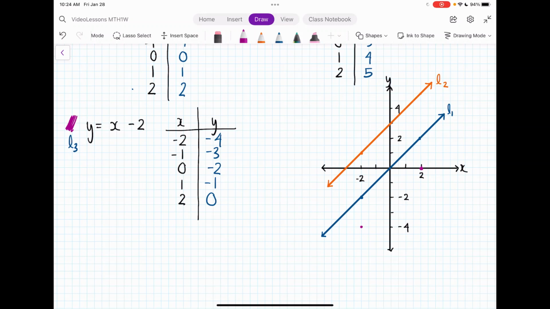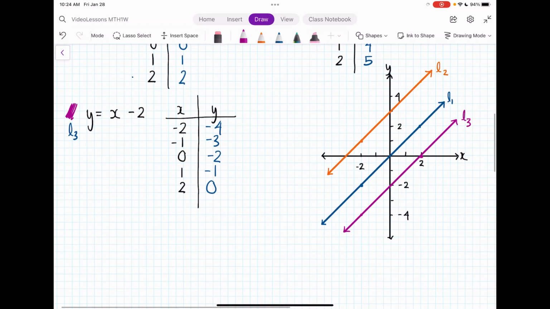Then all we need to do is line our ruler up so it passes through those points and connect. And then of course we're going to have to draw our arrowheads. And that is line 3.